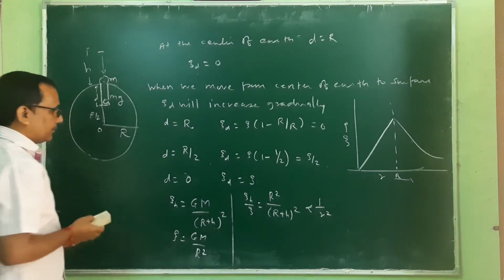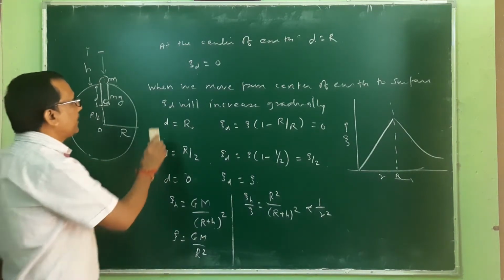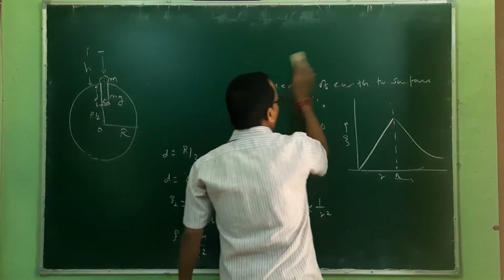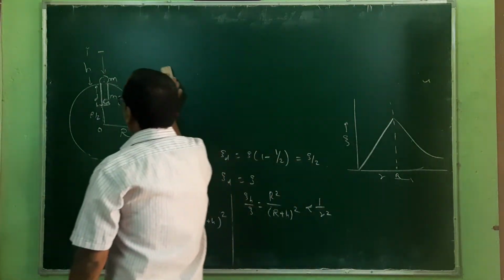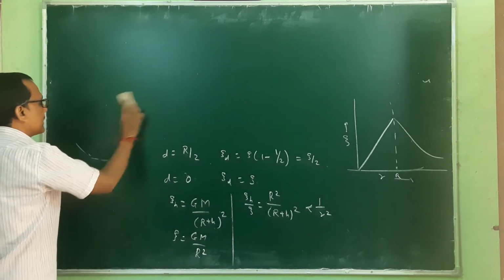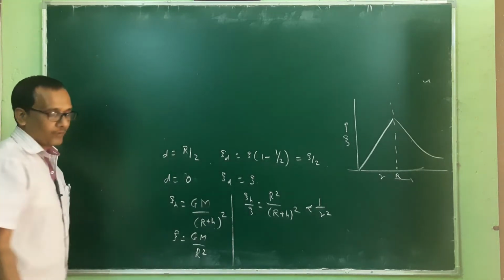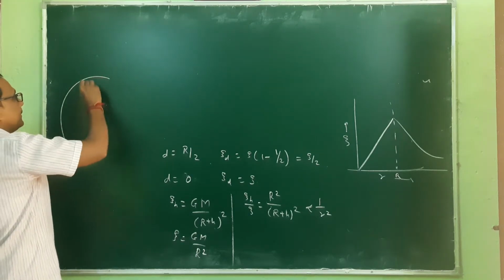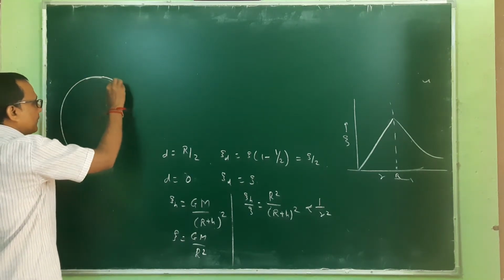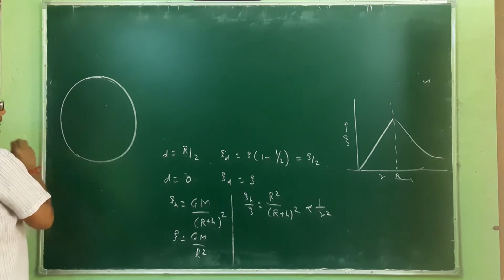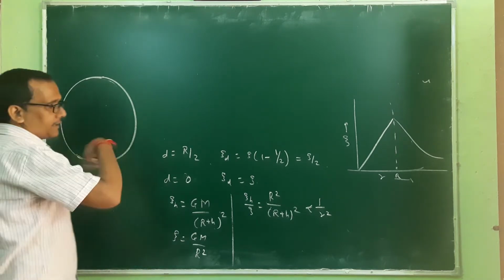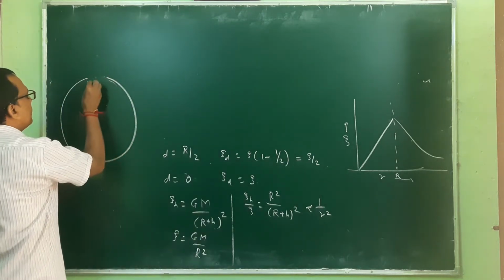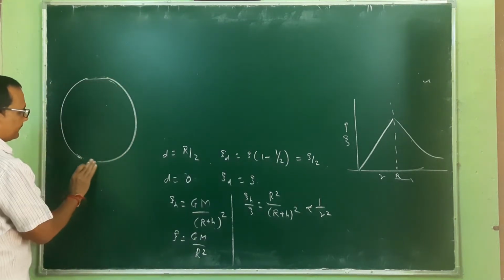Okay, now we can also calculate the acceleration due to gravity at the equator and pole. The actual shape of our Earth is not a perfect sphere. Generally we take this as the surface of our Earth and take it as a perfect sphere, but this is not true. Actually at the pole it's like this.